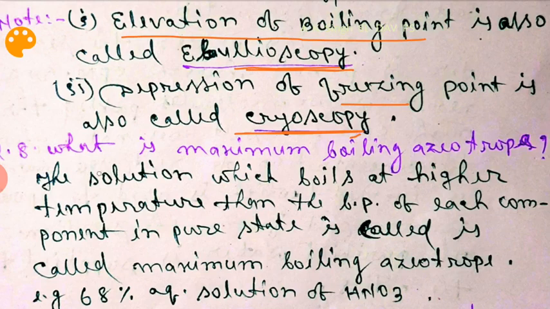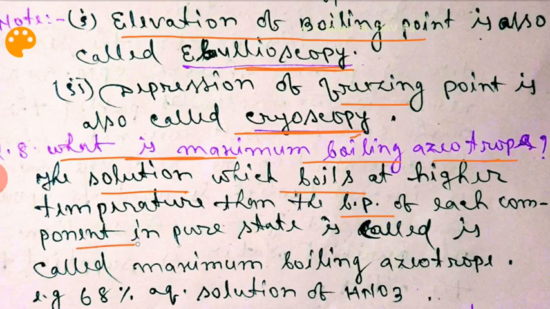Now the next important question is: what is a maximum boiling azeotrope? That you have read in negative deviation and positive deviation. What is a maximum boiling azeotrope? The answer: the solution which boils at a higher temperature than the boiling point of each component in pure form or pure state is called a maximum boiling azeotrope.